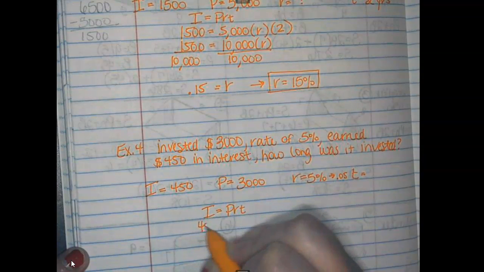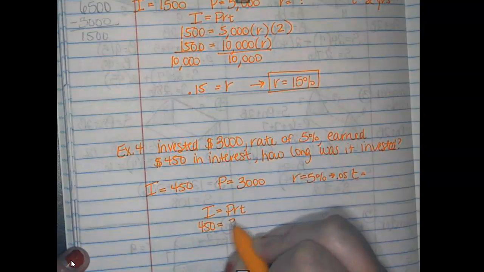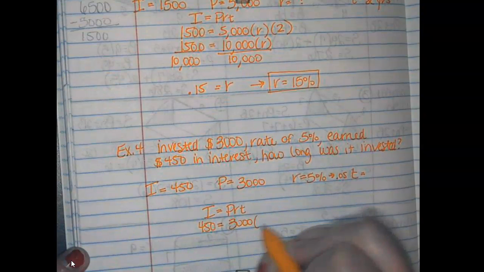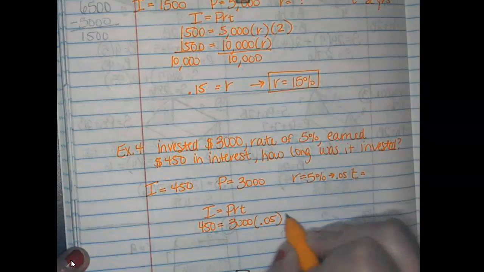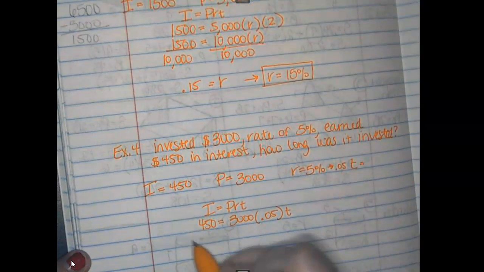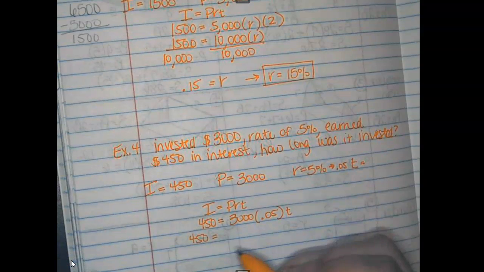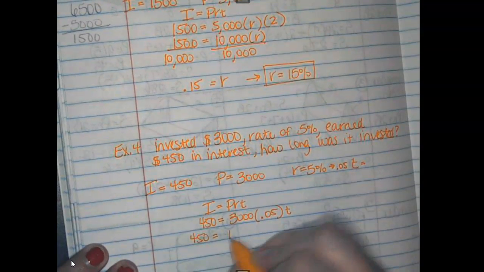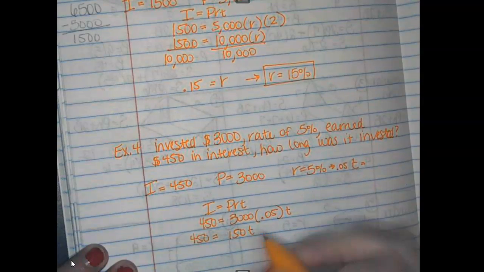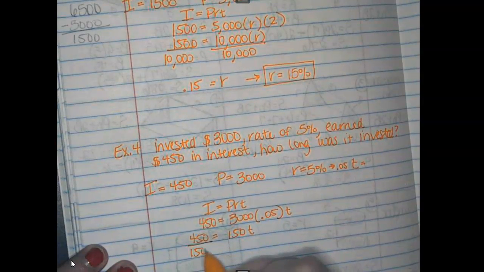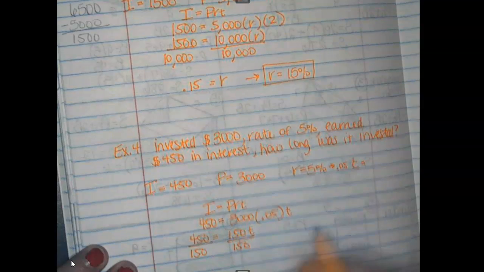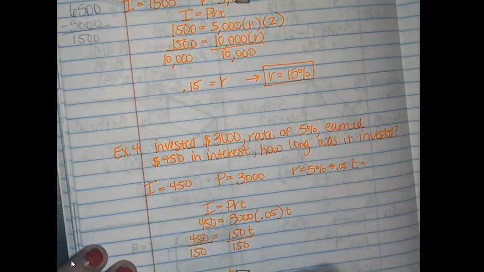So 450 is my I, 3,000 is my P, my rate's 0.05, and my T I don't know. Solve what I can. I told you at the beginning of the year that solving for variables, you were going to need all year long. I hope you're realizing now, oh, she wasn't joking. And guess what? You're going to need it all next year too. Divide both sides by 150, and I get that it's out there for 3 years.